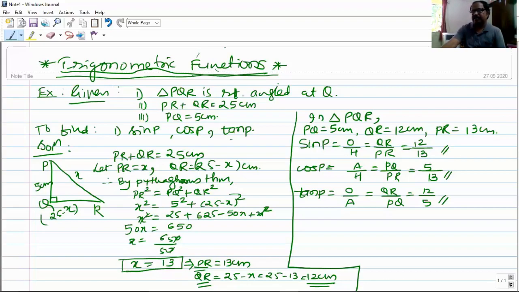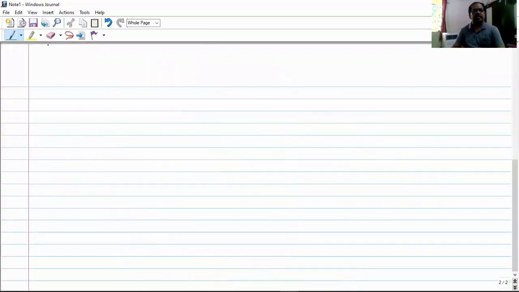See the question given. So what is the question given? Just I can show you what is the question given. I tell you, and then we'll go to solve it. Okay, so let's see today's second example. In triangle ABC, right angle at B, if tan A equal to 1 by root 3.